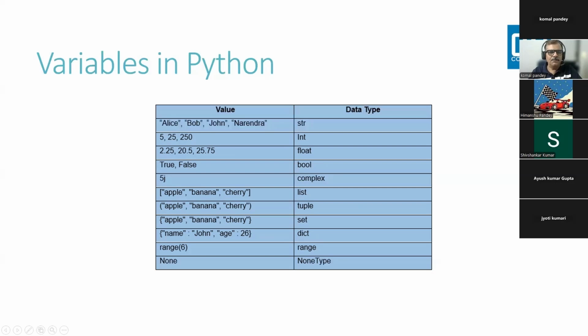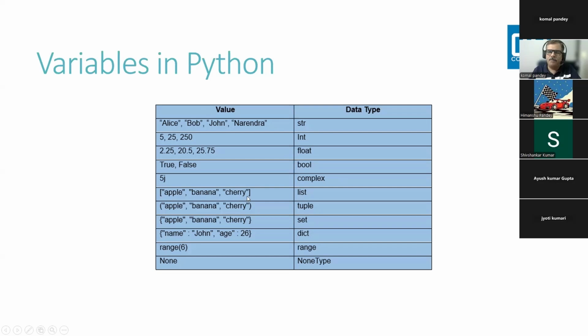In mathematics we sometimes work with complex numbers, with a real part and an imaginary part, like 10 plus 2i. In Python we use j for i, so 5j is a complex number.